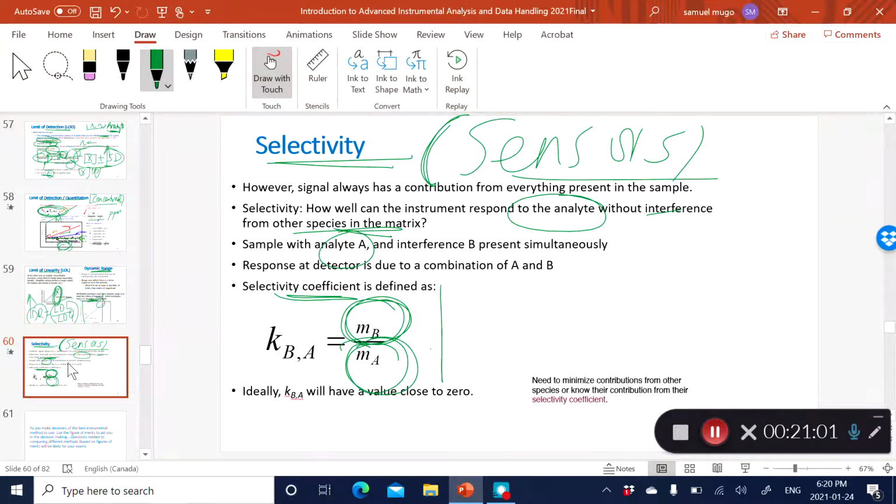The smaller the K is, the better, the more selective your method is towards your analyte. So take note of that. You just take the response to the matrix or to the contaminant divided by the response to the analyte, and that gives you the selectivity coefficient. As I said, you want the selectivity coefficient to be very small for your sensors to be very good.